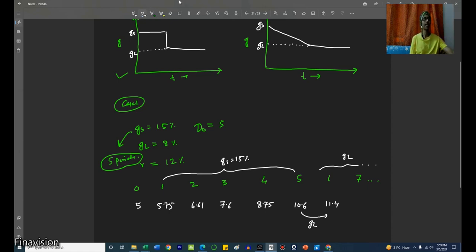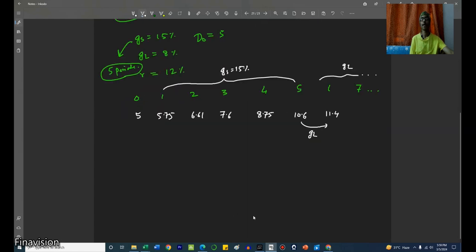Now let's calculate the present value. We have calculated the values that are there at t is equal to 1, t is equal to 2, t is equal to 3, t is equal to 4, t is equal to 5, t is equal to 6, etc. Now from here we have to calculate the present value.